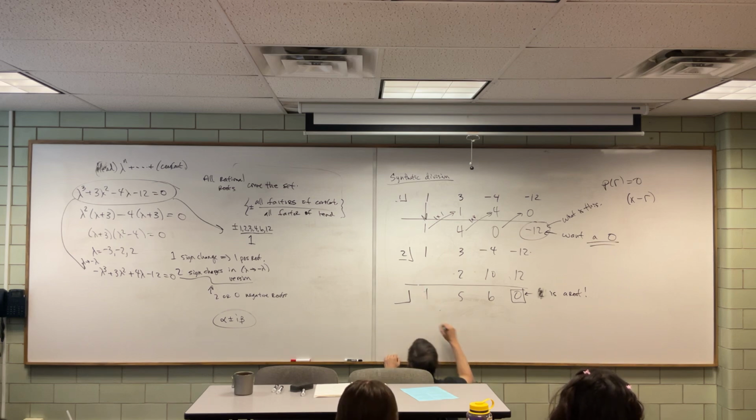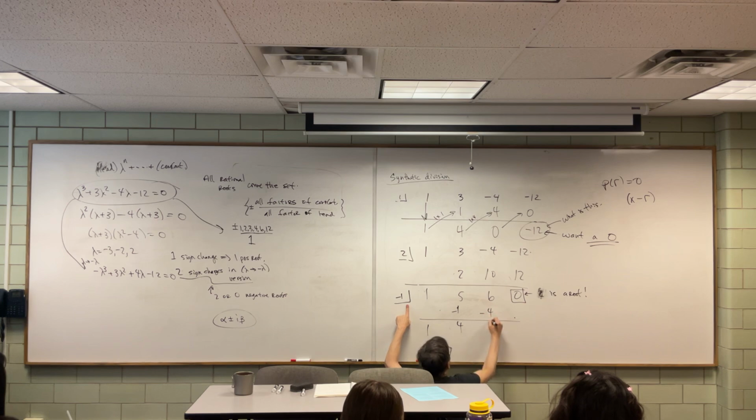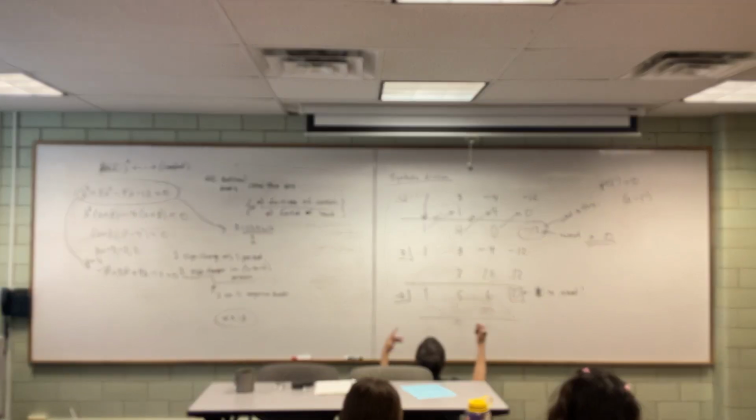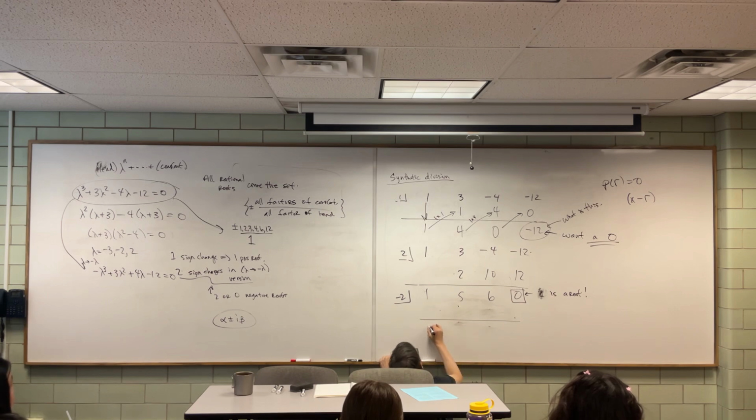So now I'm going to try another one. Let's try negative 1. So I start negative 1, 1, negative 1, 4, negative 4, 2. That's not a root. Let's try negative 2, which we do know is a root. And so you kind of play this game. There's some other ways we could narrow this down.